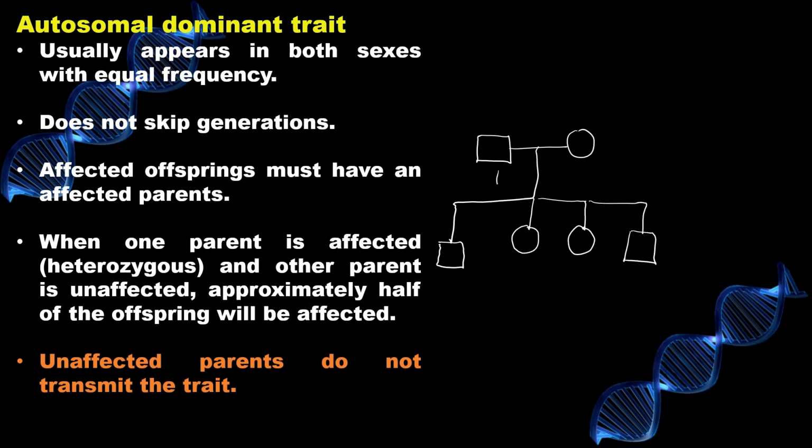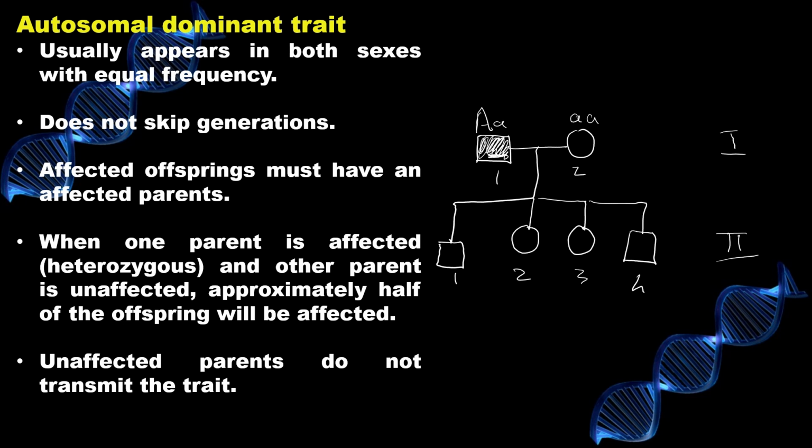Now we can write 1, 2, here 1, 2, 3, 4, and this is first generation and this is second generation. Okay, here this is an affected parent. Here the parent will have a heterozygous condition, so capital A small a, and here the female is unaffected.